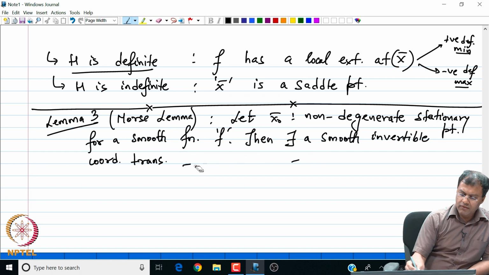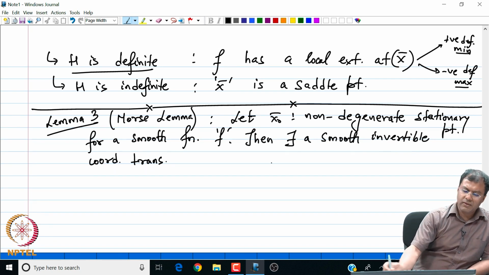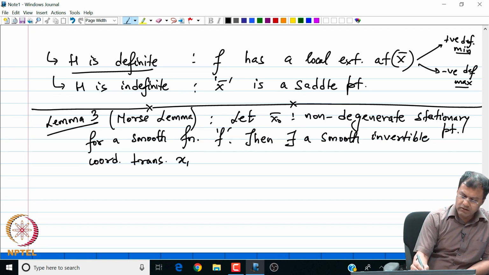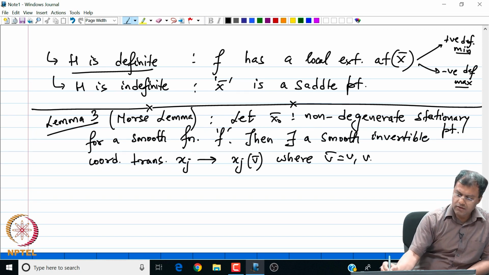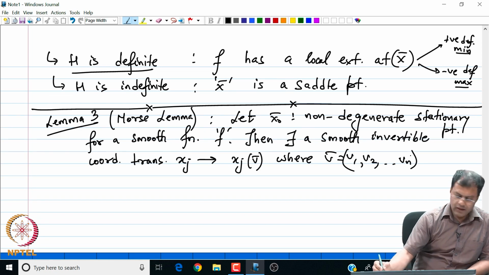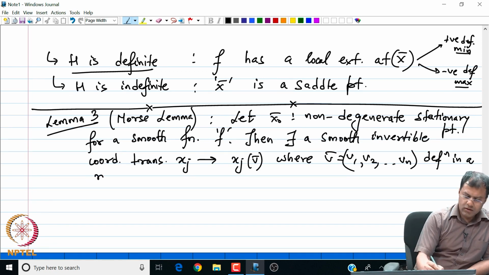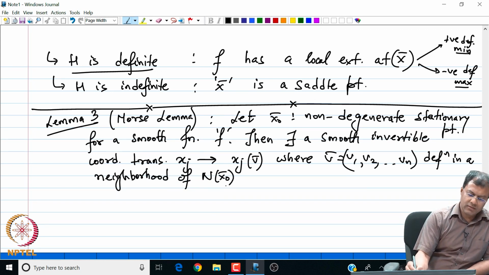Well, I have to say something about the coordinate transformation. So, there is a smooth invertible coordinate transformation from x j to x j of v, where my vector v, which is v1, v2, up to vn, is defined in a neighborhood of x naught.